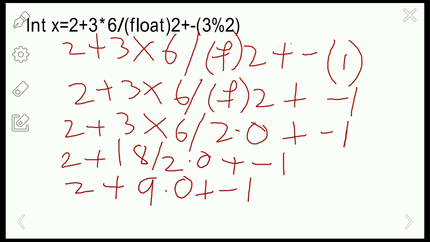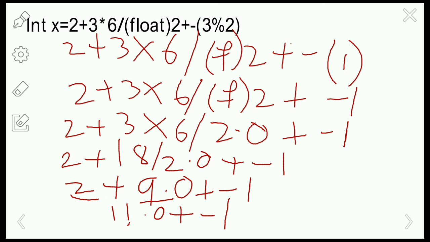Then for addition and subtraction, both pluses have equal precedence, but the associativity is left to right. So 2 plus 9.0 is 11.0, plus minus 1.